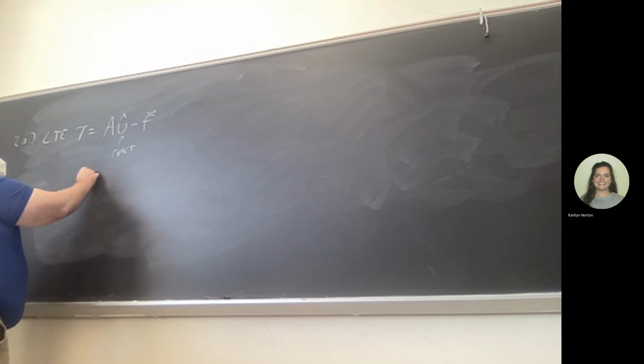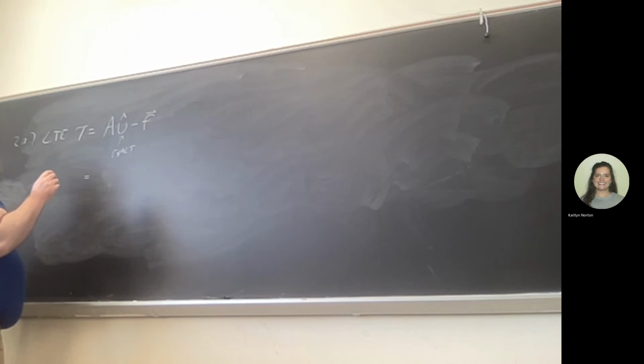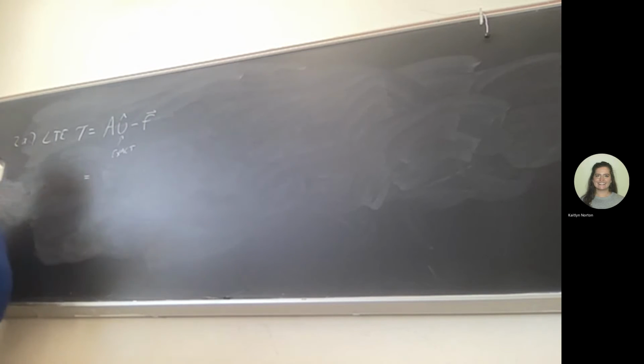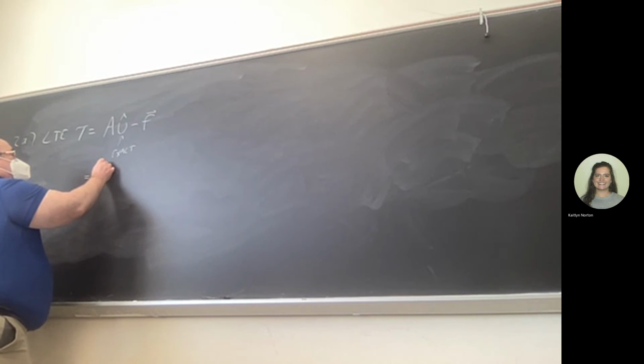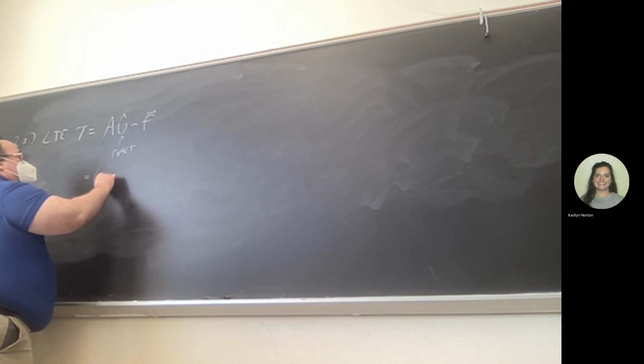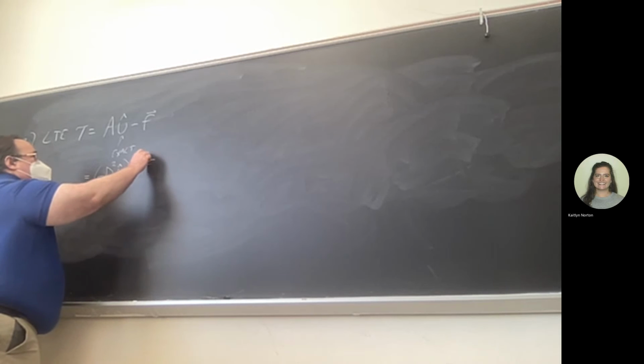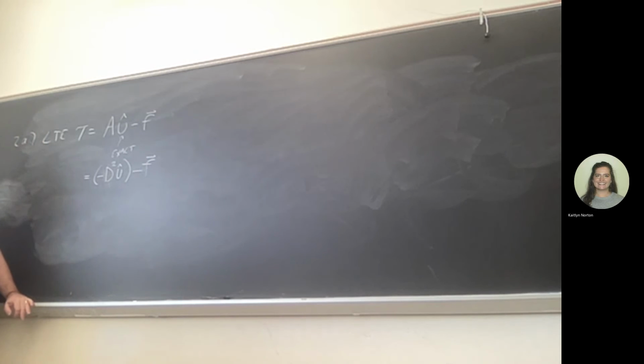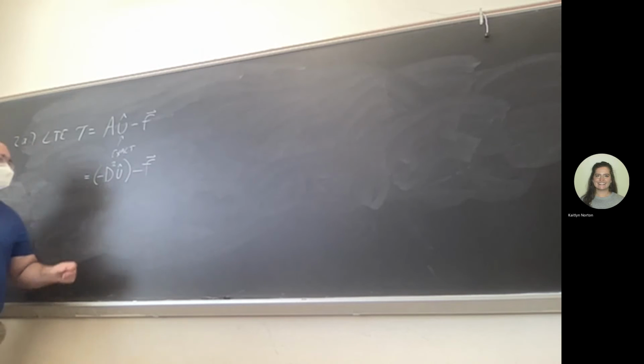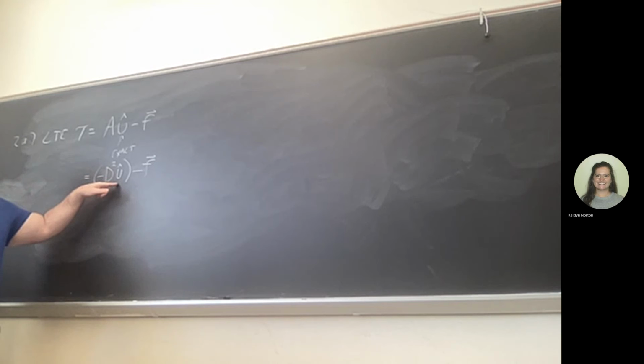So in this problem, since A is the matrix that comes from discretizing your PDE, you have minus the second derivative applied to the exact solution minus F. The computed solution would satisfy this exactly with 0 on the left-hand side.